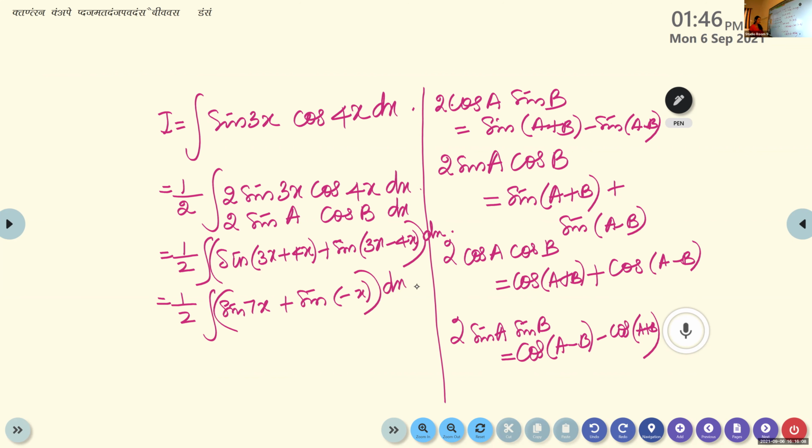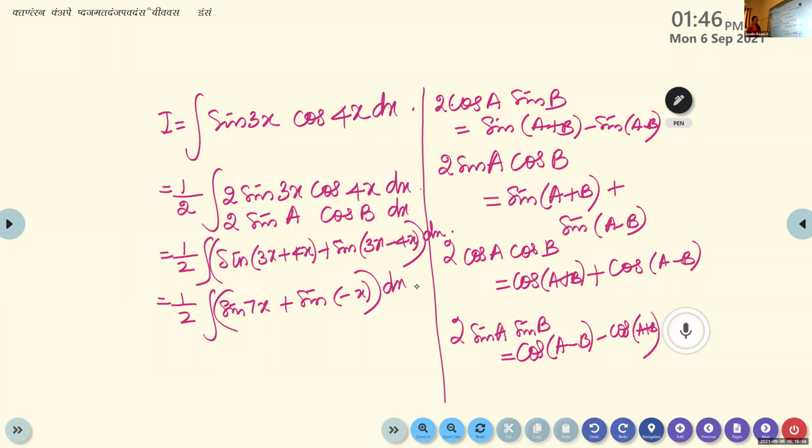What is sine of minus theta? Gayatri, sine of minus theta is? Minus sine theta. What is cos of minus theta? It is cos theta. Only for cos and sec, the negative angle will become the same.